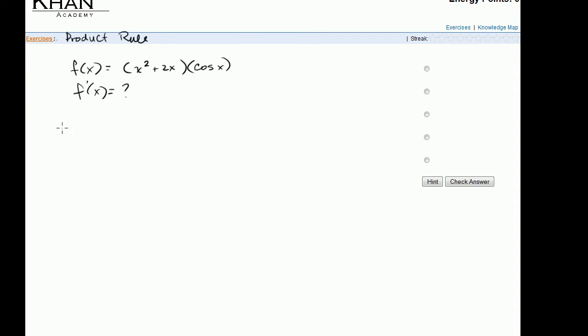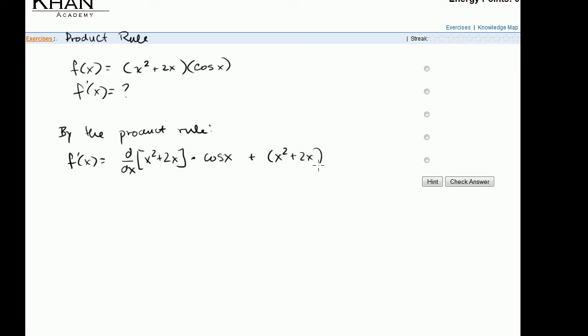So by the product rule, f prime of x is equal to the derivative of the first function, d dx of x squared plus 2x, times cosine of x, plus x squared plus 2x times the derivative, d dx, of cosine of x.